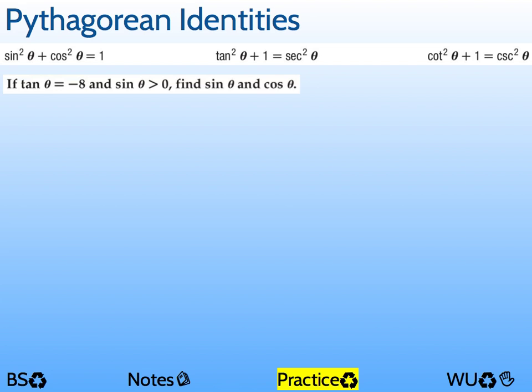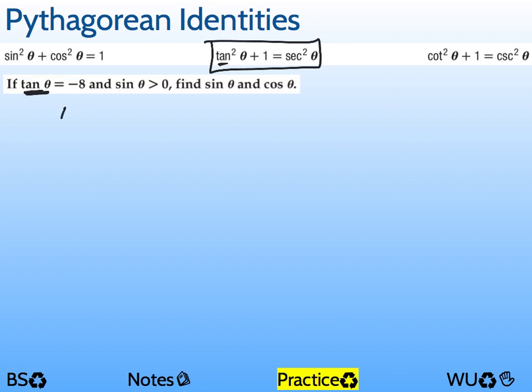In this problem, we're given that tangent is negative 8 and sine is positive, and we're asked to find the values of sine and cosine. So, since we know that tangent is negative 8, what we want is the Pythagorean identity that uses tangent. So we'll be using this second one because it has tangent in it. So let's plug in values we know.